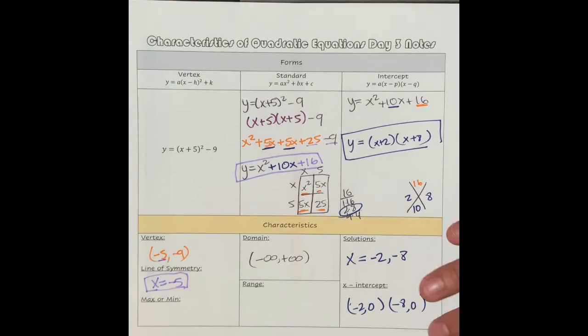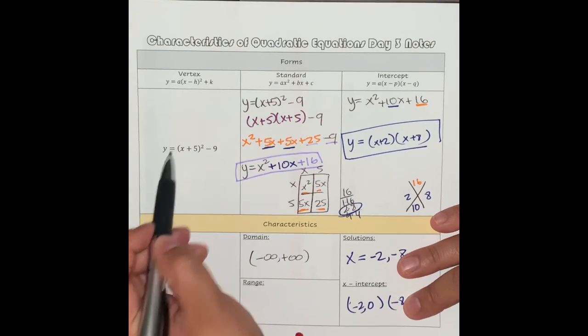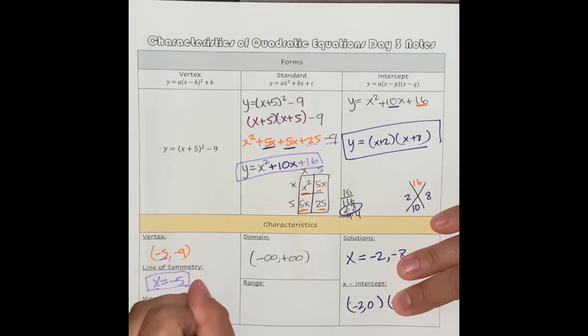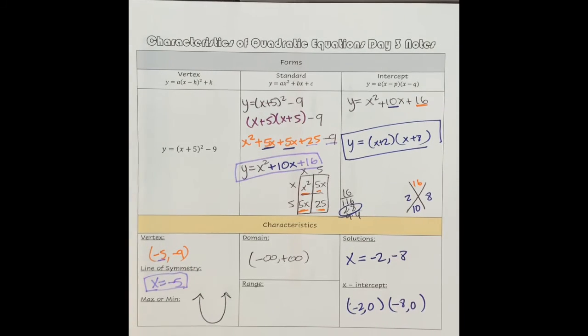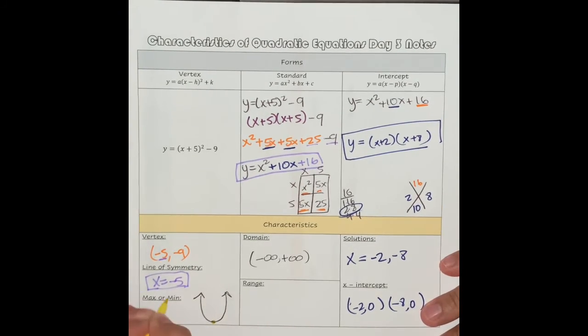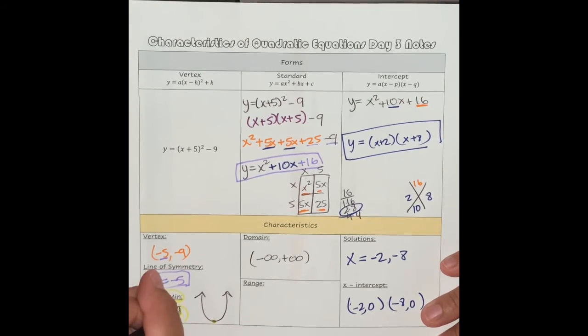And then if we look here, we don't have any negative, so that means our graph is happy. When our graph is happy, we have a minimum. We have a minimum at -5, -9. And you can't see that well, so I'm going to write it down again.